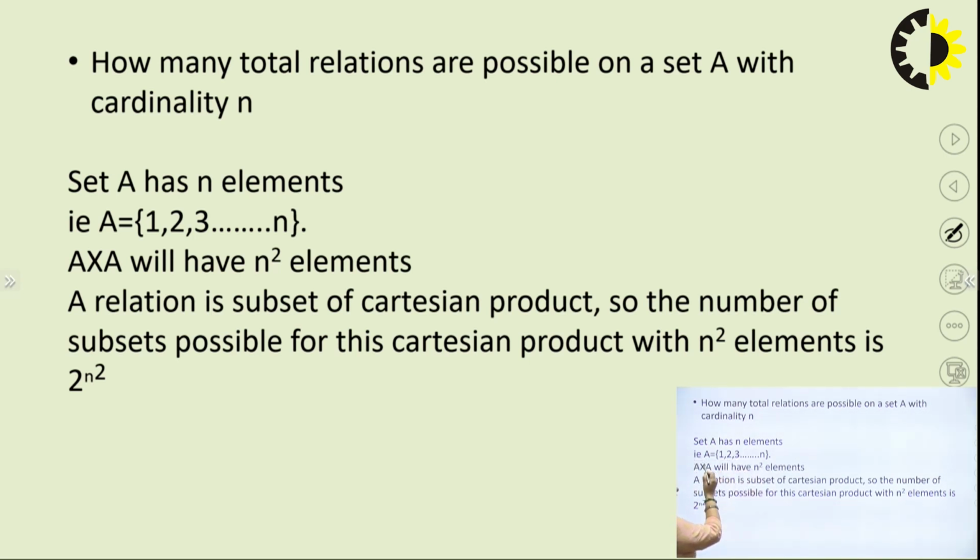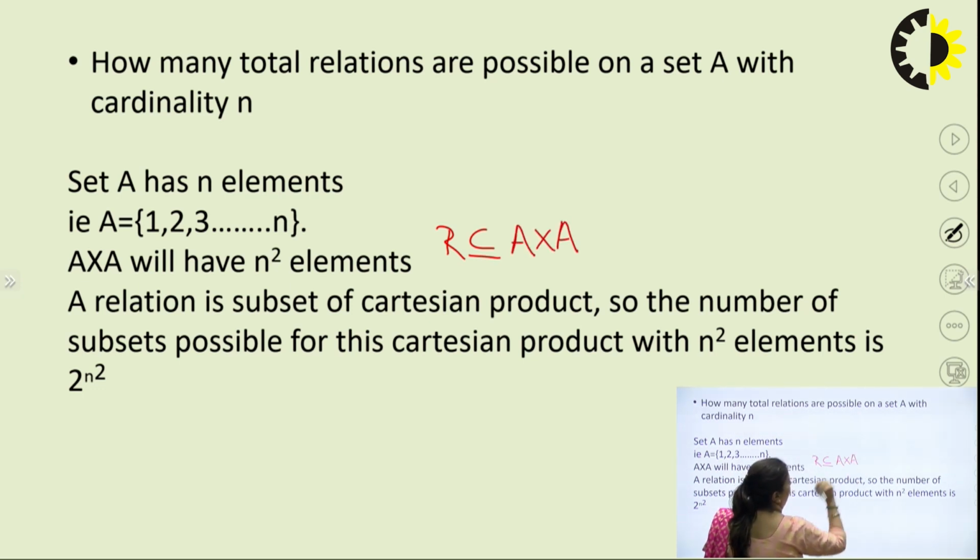We have a set A which contains n elements 1, 2, 3 up to n. If I talk about the Cartesian product of A cross A, how many elements will it have? Since A is having n elements, A cross A will have n square elements. Now what is a relation? A relation is nothing but a subset of the Cartesian product.